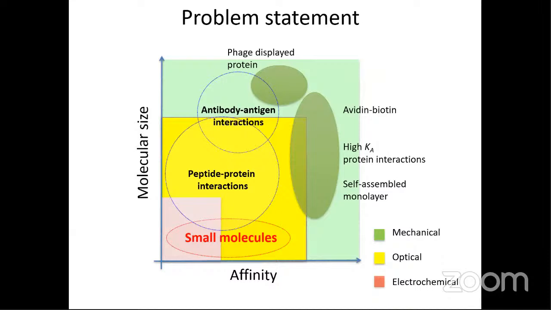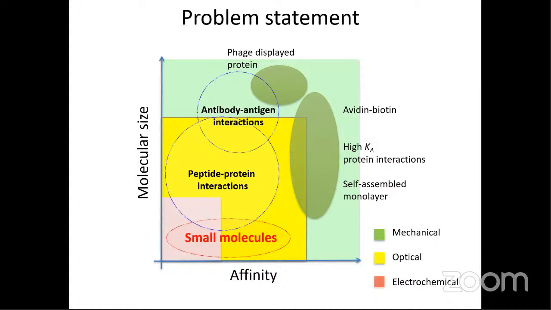So this is a general schematic overview of biosensing challenges. This graph is made by using affinity as the x-axis and molecular size as the y-axis. As you go to the right, you get stronger and stronger affinity. As you go up, you have bigger and bigger molecular size. For example, at the top right corner is the avidin and biotin interaction, biotin being the capturing agent and avidin being the target molecule, which is quite a big molecule.